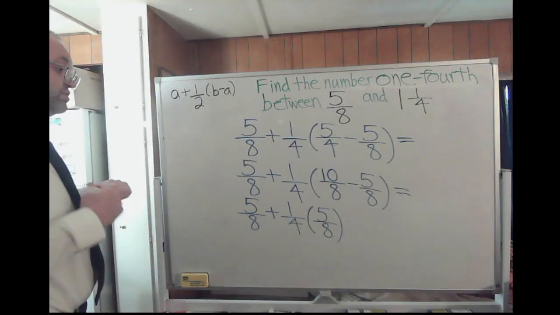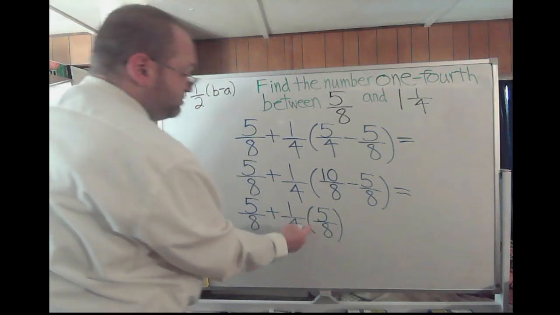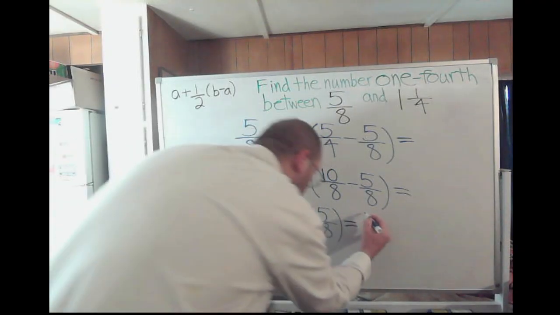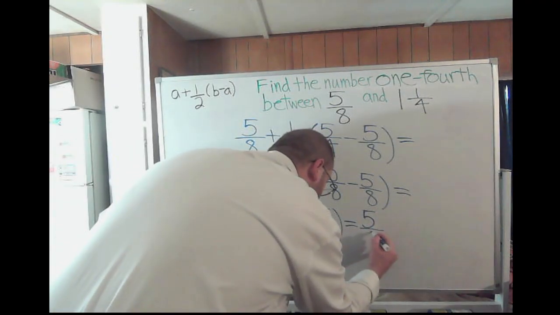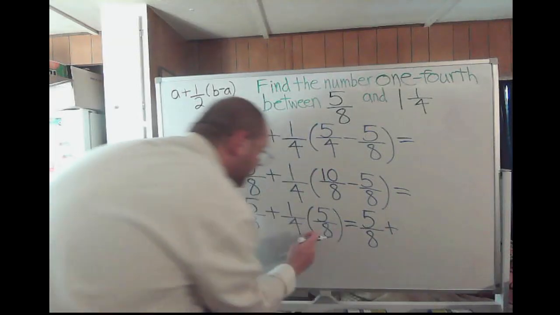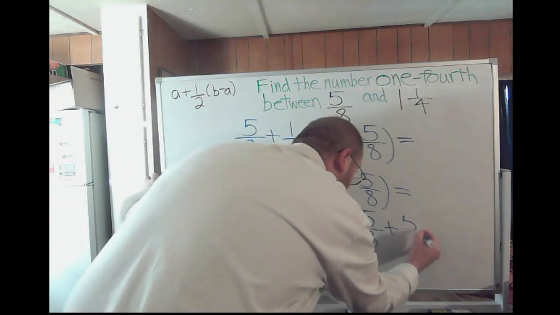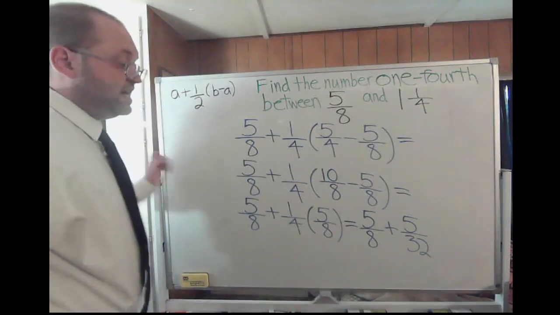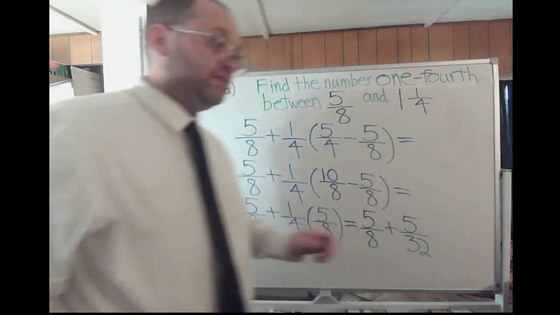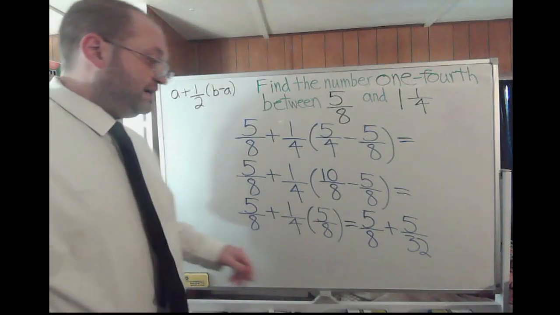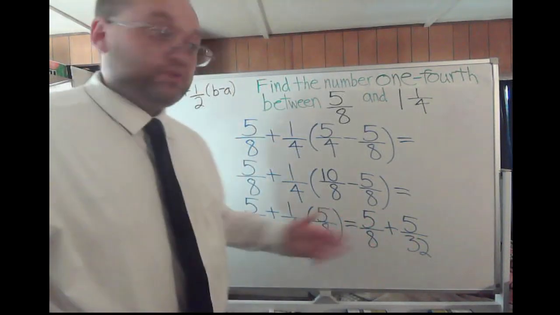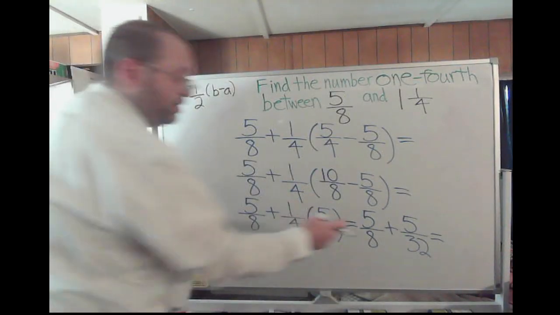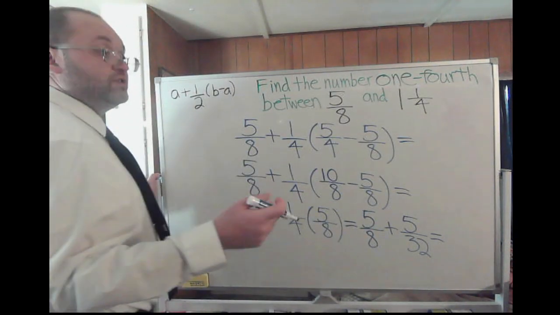Nothing cancels between 1/4 and 5/8, so we just go straight for the multiplication. So we'll end up having 5/8 plus 1/4 times 5/8, that would be 5/32. So what you end up having is 5/8 plus 5/32. Well, the least common denominator of 8 and 32 is 32. That means we only have to multiply the numerator and denominator of the first fraction by 4.